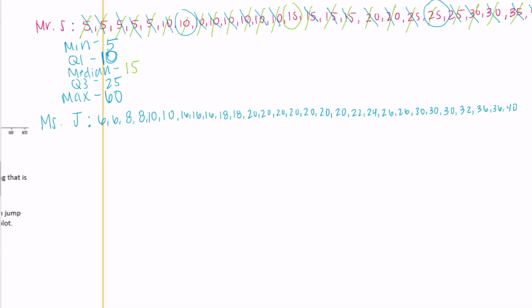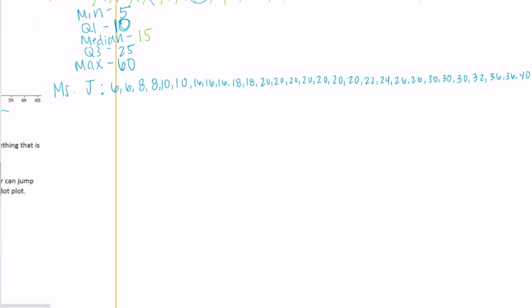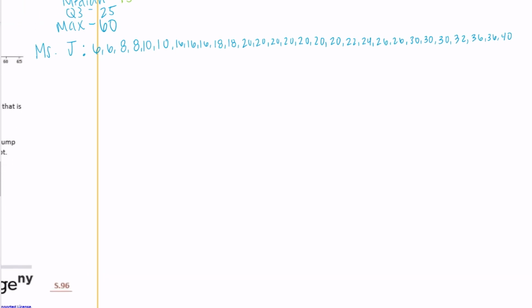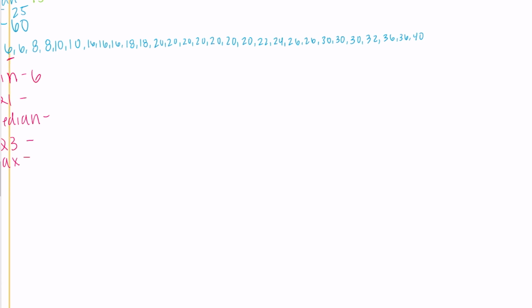I'm going to go ahead and do Miss J's class, and then we can make both box plots. So again, we have minimum and maximum, then we have median in the middle, quartile 1, quartile 3. So the minimum is 6 and the maximum is 40.